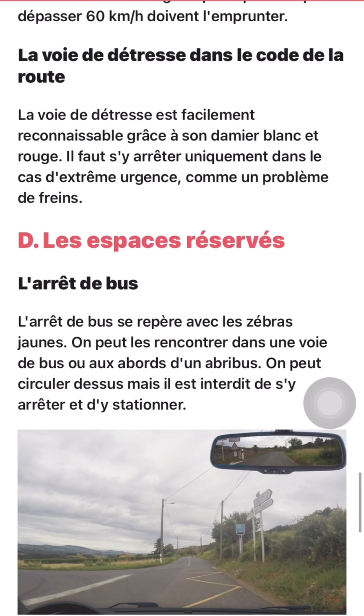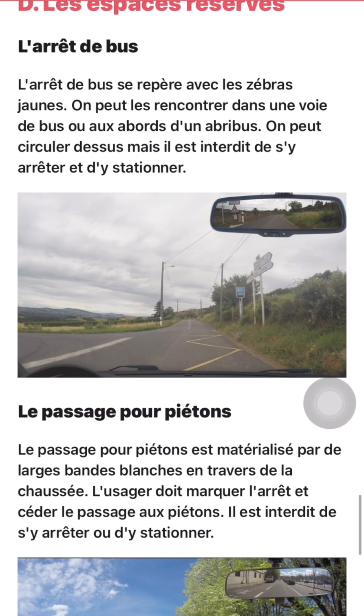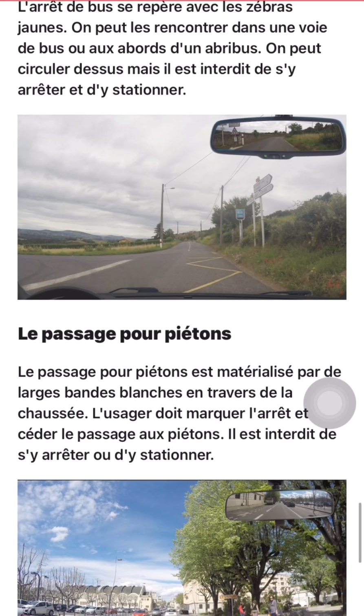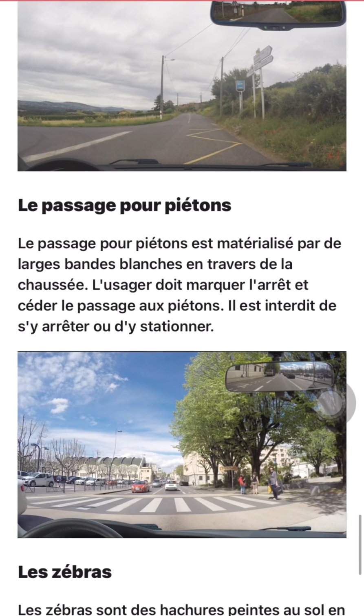Then again, we have talked about the arrêt de bus, which is also this one. L'arrêt de bus is like a zebra crossing. And then we have le passage pour piéton. Le passage pour piéton is where people that are walking, piétons they are called, will walk on the road.